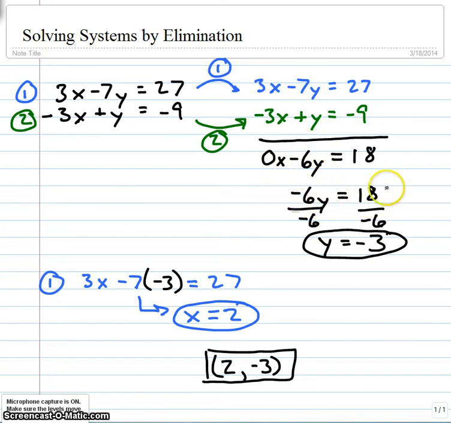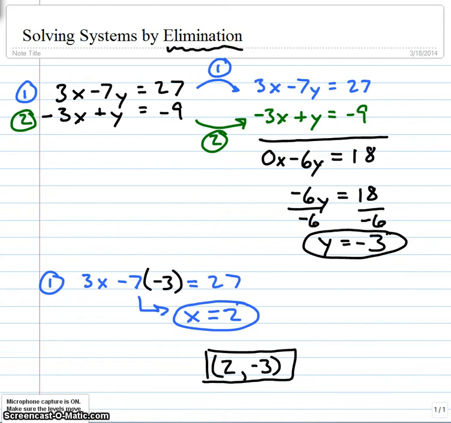Now I have one equation and one unknown. I can solve this for y and then plug it back into either one of the equations and solve for x. So the whole point of elimination, and this is where the word elimination comes from, is that I'm eliminating one of the variables by just adding these two equations together. One of them is going to drop out, the other one doesn't, and then I can solve for the remaining variable.